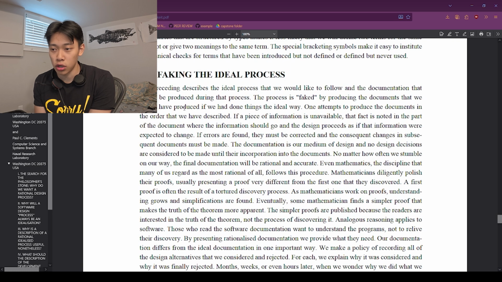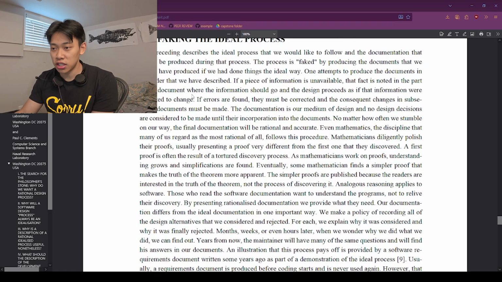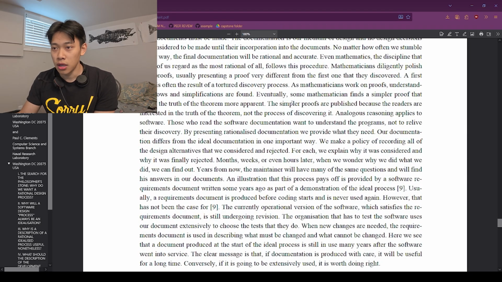As a mathematician works on proofs, understanding grows and simplifications are found. Eventually some mathematician finds a simpler proof that makes the truth of the theorem more apparent.